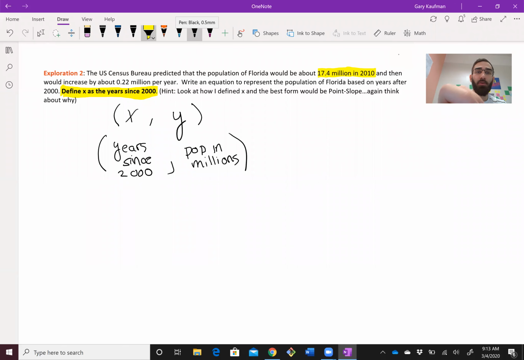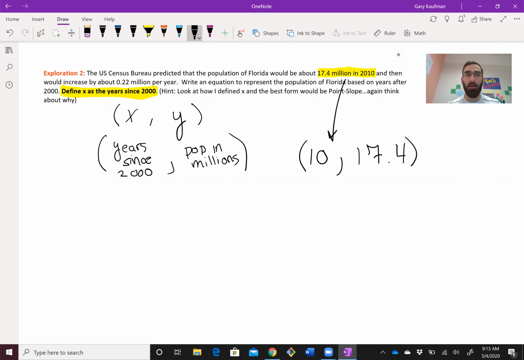Okay, so that ordered pair right here is going to be 10 because that's years since 2000. 2010 is 10 years since then, comma 17.4. So that's my first ordered pair. I then see that it's going to increase by about 0.22 million per year. Well, an increase per year, that's again my rate of change.